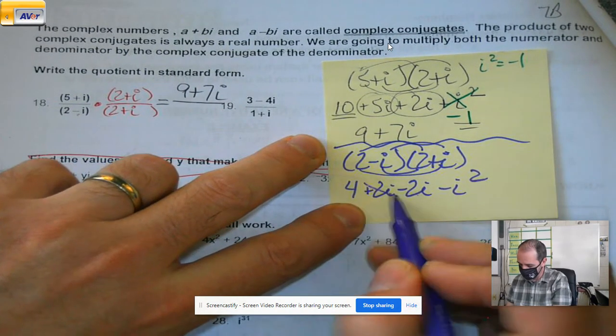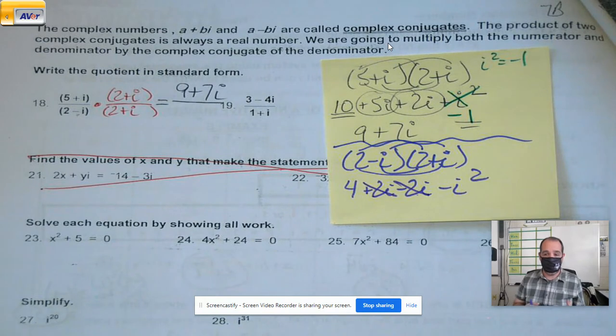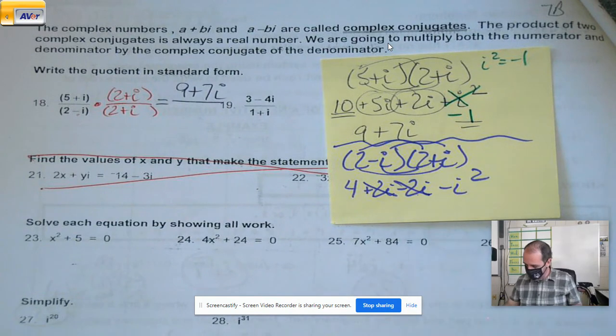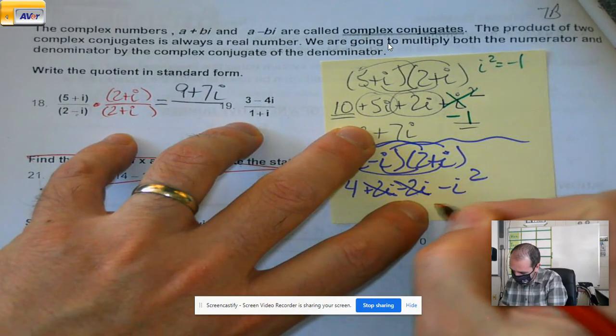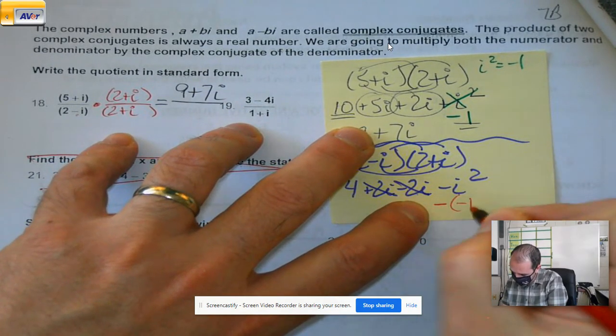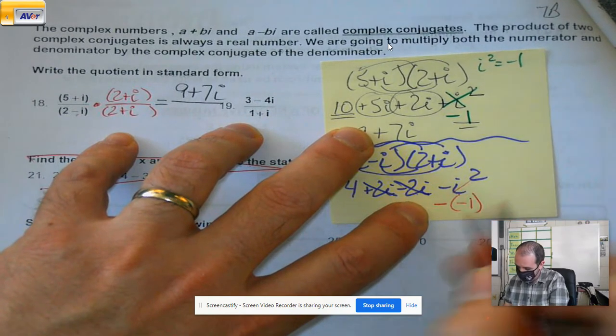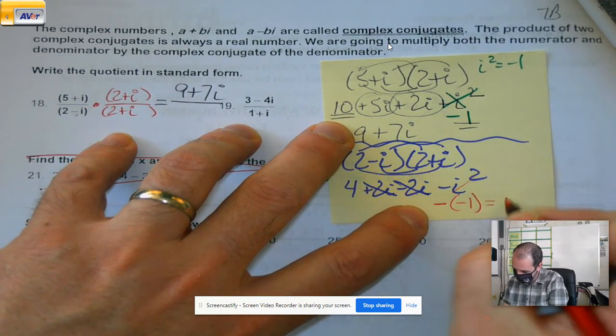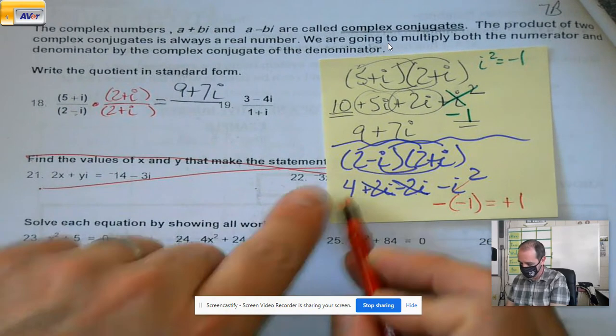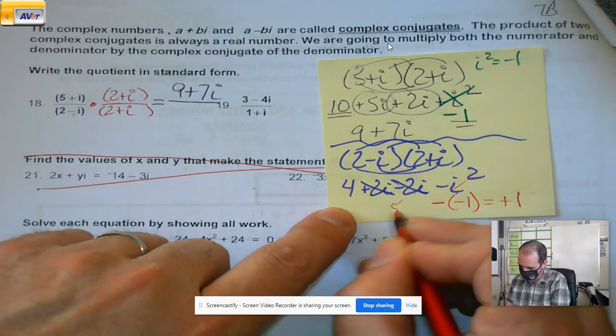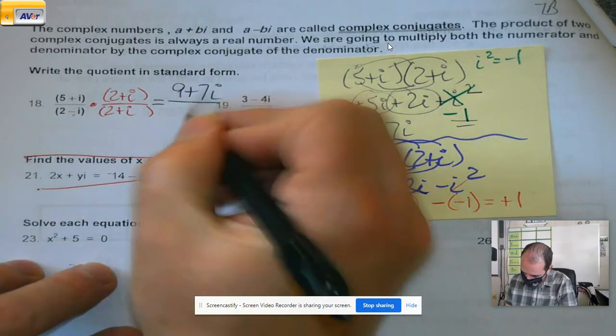Plus and minus 2i cancel. That will happen with your denominator every time because we can't have i in the denominator. That's why we do it this way. Now, remember, this is minus -1 because that's what i squared is, so it changes signs to +1. 4 plus 1 is 5.